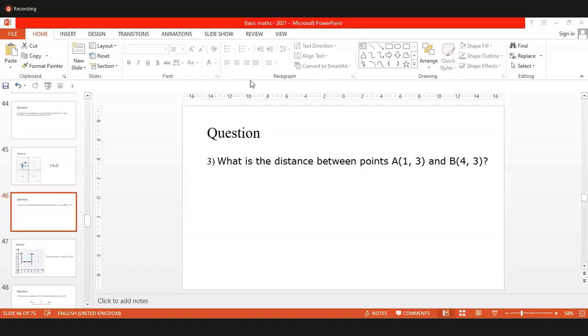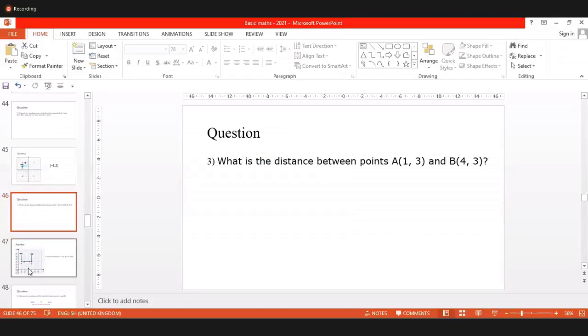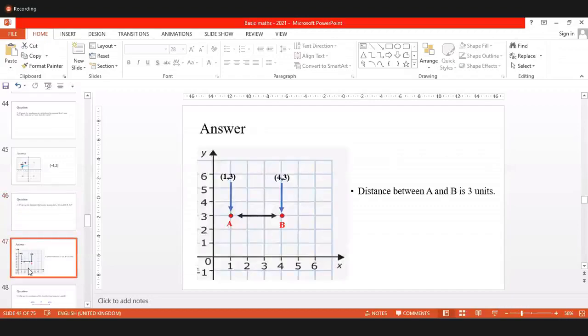Yes, sir. A is from 1 to 3. The next, B, is from 4 to 3. The distance is 1 to 2, 2 to 3, 3 to 4, total 3 units. Yeah. Good. So you see, thanks.